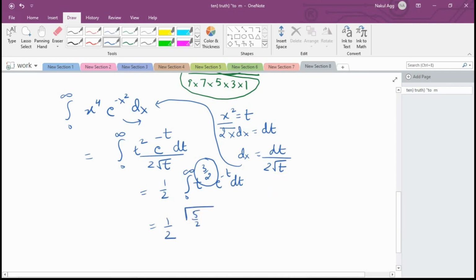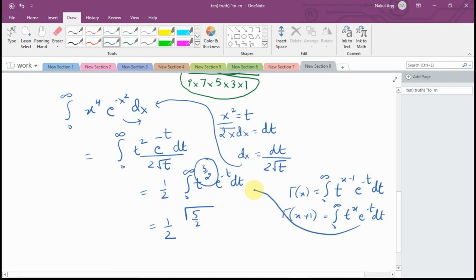I will rewrite the definition of the gamma function. So gamma of x is equal to 0 to infinity t raised to power x minus 1 e raised to power minus t dt. So if we substitute x plus 1, we have 0 to infinity t raised to power x e raised to power minus t dt.